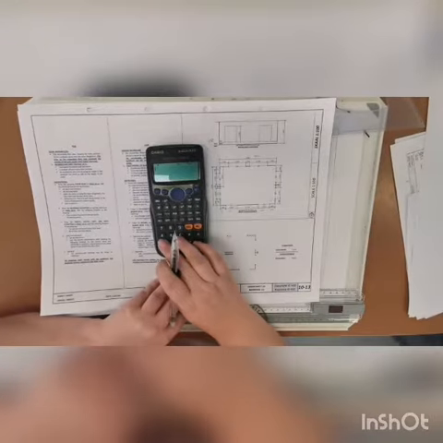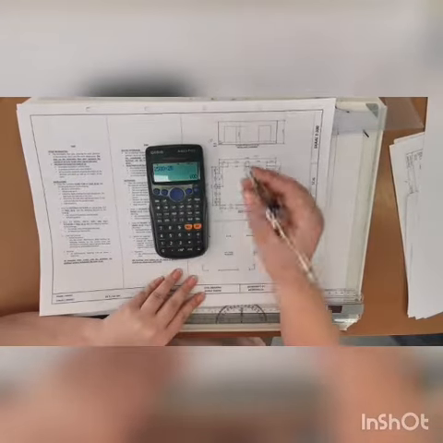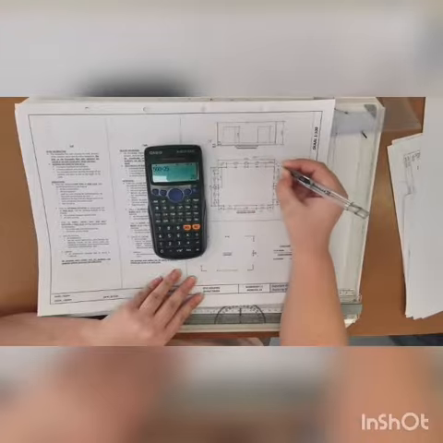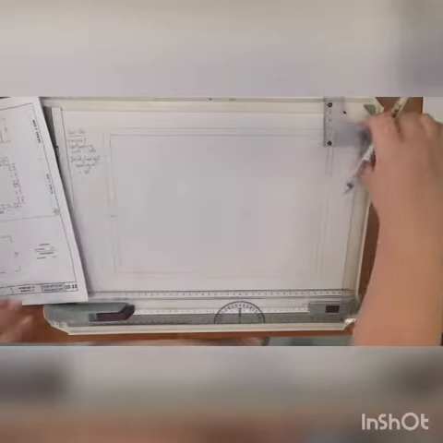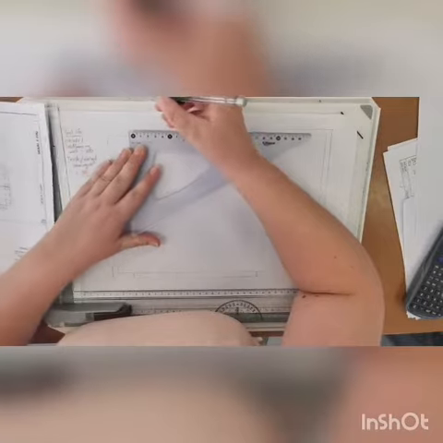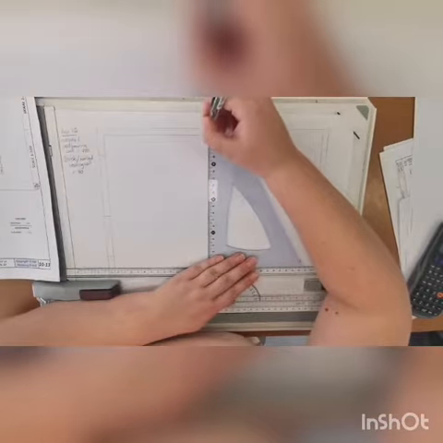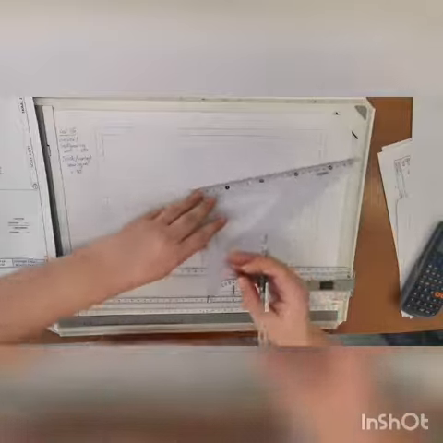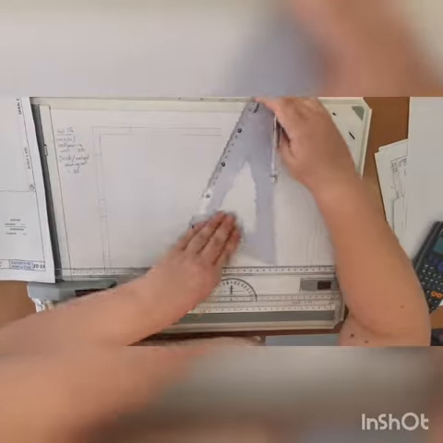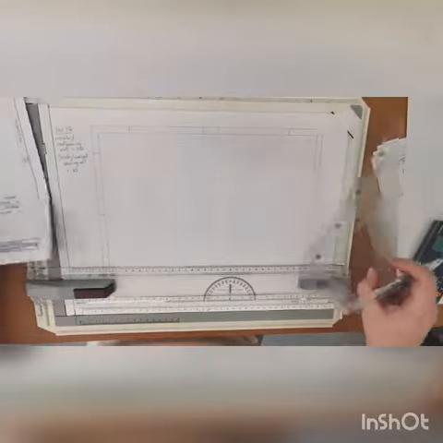Next. Remember, we measure from our outside walls. And the last wall.